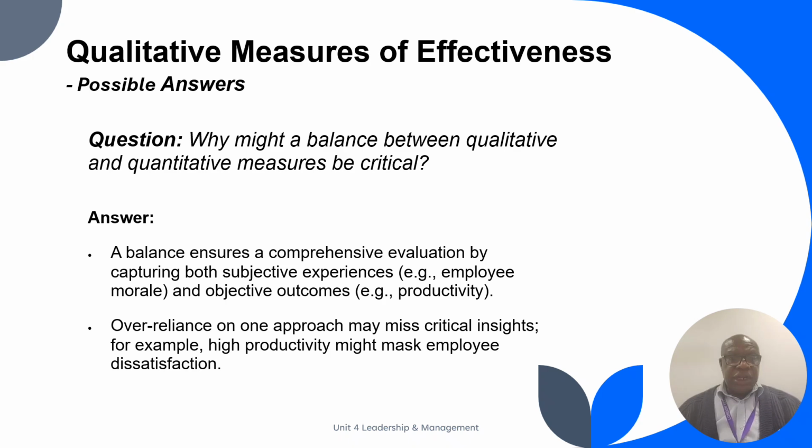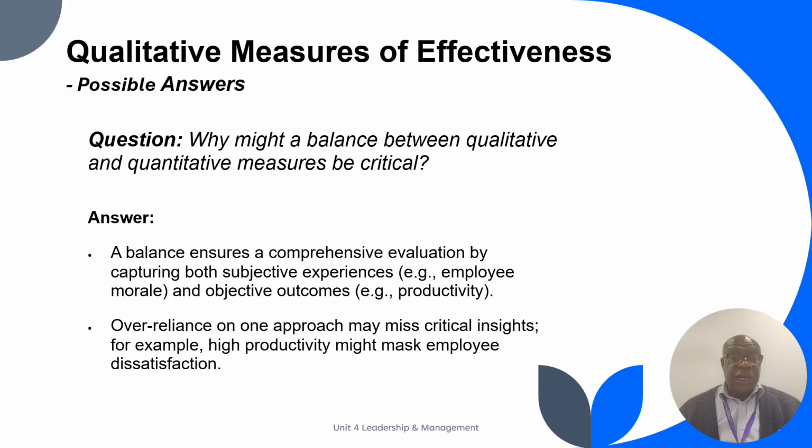The model answer: a balance ensures a comprehensive evaluation by capturing both subjective experiences, for example, employee morale, and objective outcomes like productivity. Over reliance on one approach may miss critical insights.